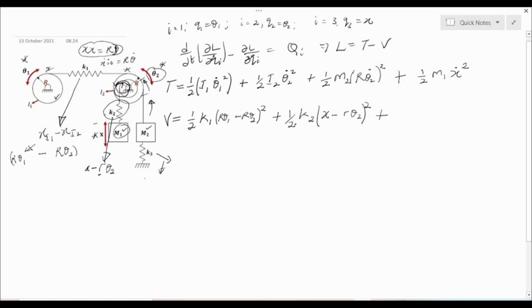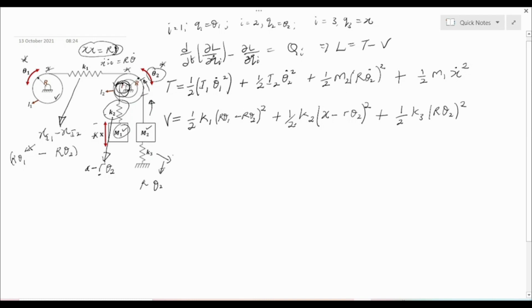In this case, we're going to have just r, which is the bigger radius, since this string is attached to the bigger pulley, multiplied by theta 2, which is the angular displacement pulley I2 would have moved. So the potential energy due to spring K3 will be half K3 multiplied by r theta 2 all squared.